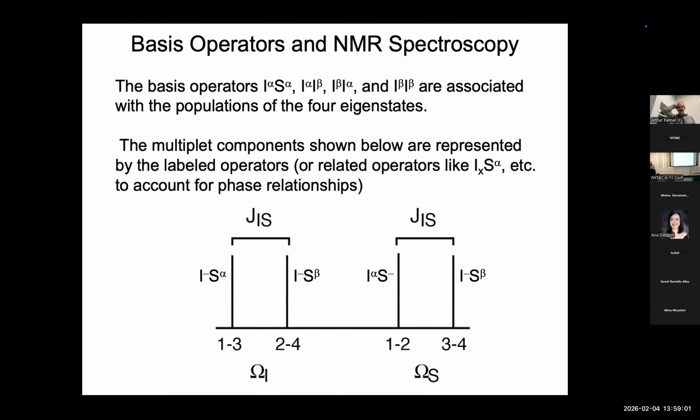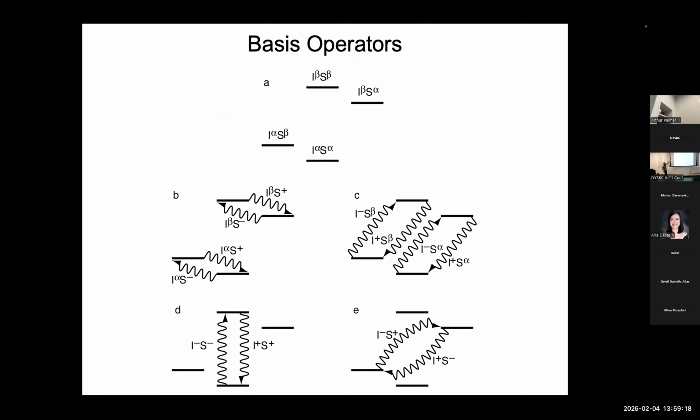Now, what's really phenomenal is the operators are coherence. These are the population. These coherences give rise to the frequencies in an NMR spectrum.